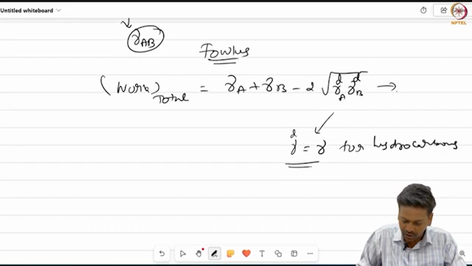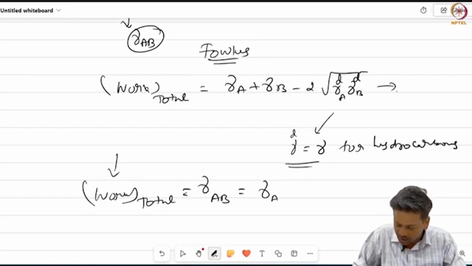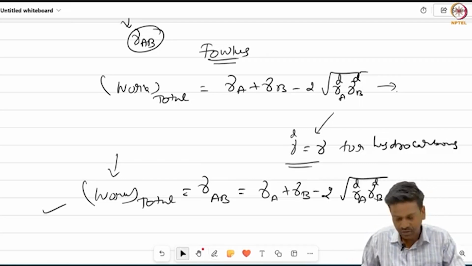So now we know that work total, or gamma AB, is nothing but gamma A plus gamma B minus 2 root gamma A D gamma B D. This is our Girifalco-Fowkes approximation.